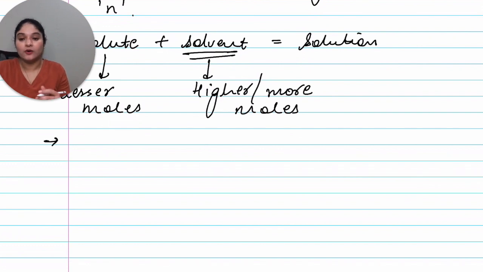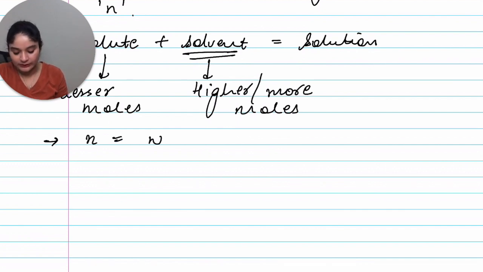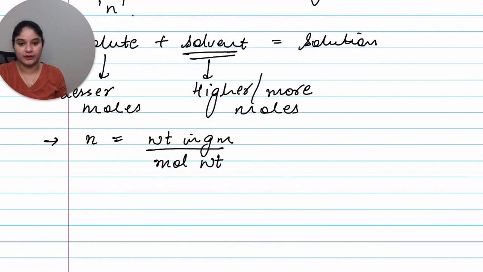In the next part, what is the formula for moles? How do we calculate number of moles? So number of moles equals weight in grams divided by the molecular weight. Whatever weight in grams is given to you, divided by the molecular weight of that particular substance.